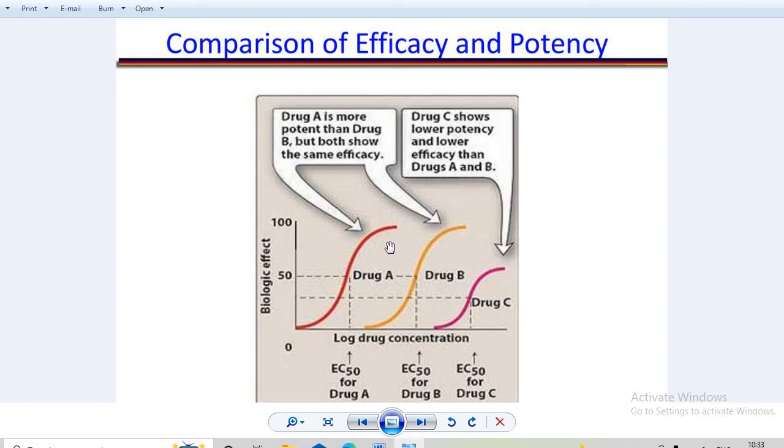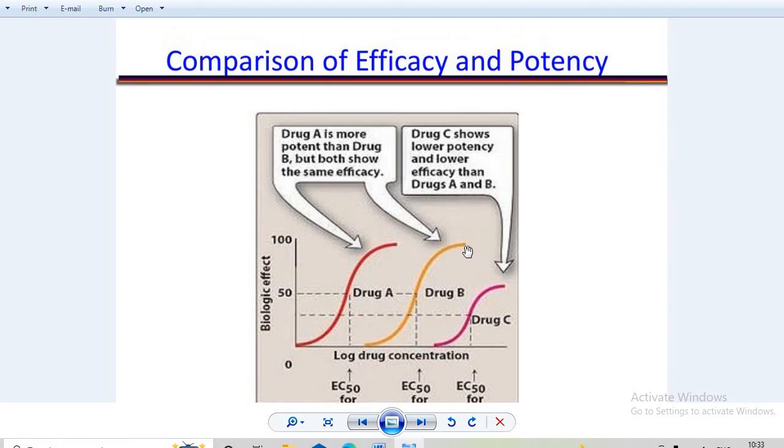If you look at efficacy, it is the 100% biological response. So efficacy means whether any particular drug is able to produce the 100% biological response, without comparing the dose.